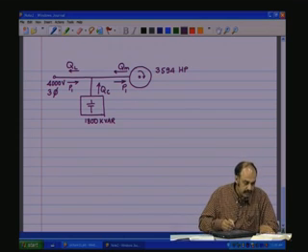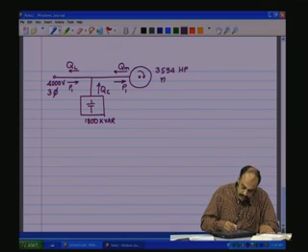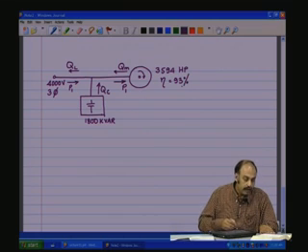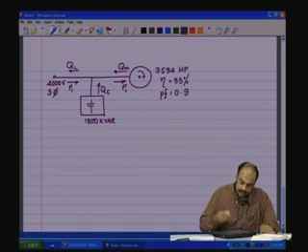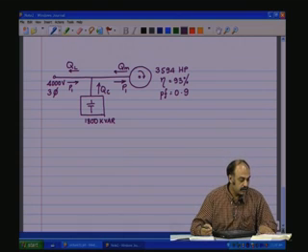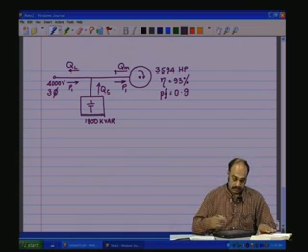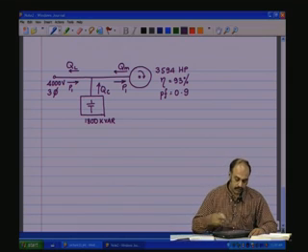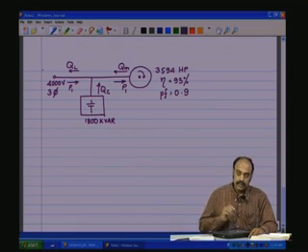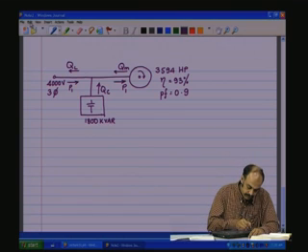I will refer to it much later. Let us say the motor has an efficiency of 93% and a power factor of 0.9. So, let us say these are the things that are given about this motor.